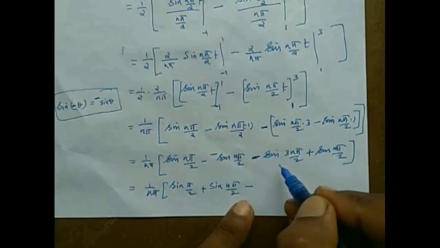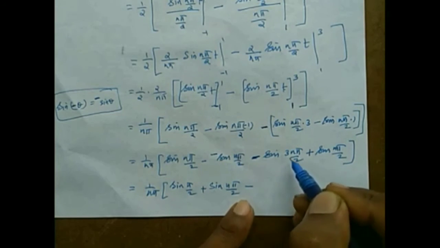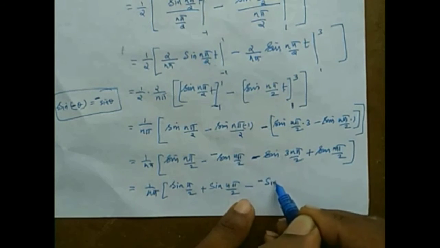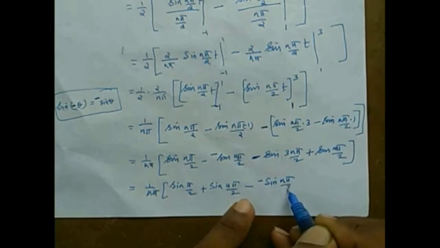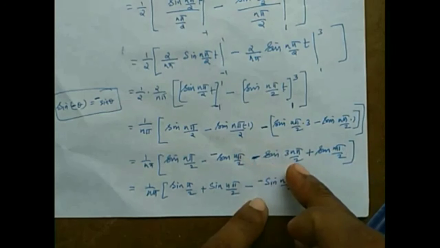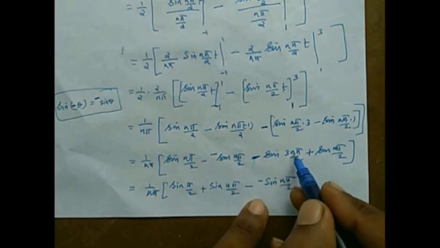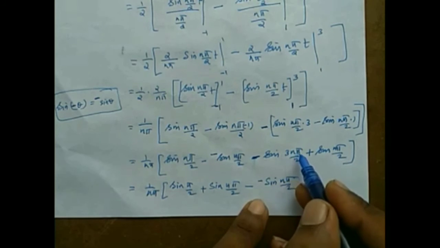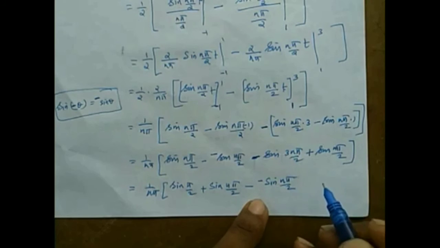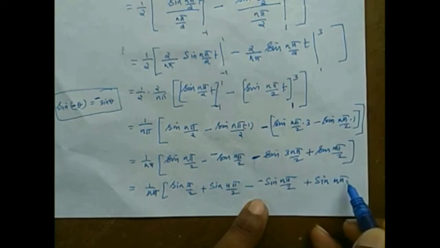Either you can leave this term as minus sin 3 n pi by 2, or we know that sin 3 n pi by 2 is equal to minus sin n pi by 2. You don't need to do that, you can leave it as it is. Okay, followed by sin n pi by 2.